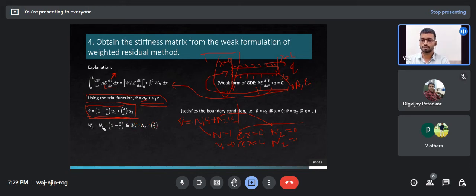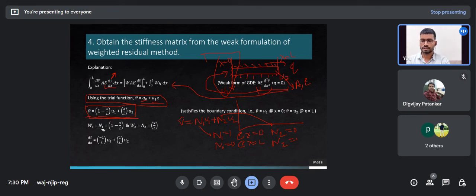So w1 is equal to N1, that is 1 minus x by L, and w2 is equal to N2, that is x by L, right? And here in the weak formulation, the derivative dv cap by dx is required, and dw by dx is also required. So here I will take the derivative.